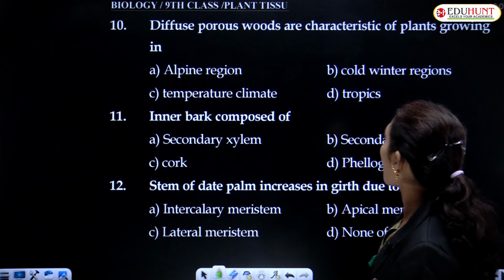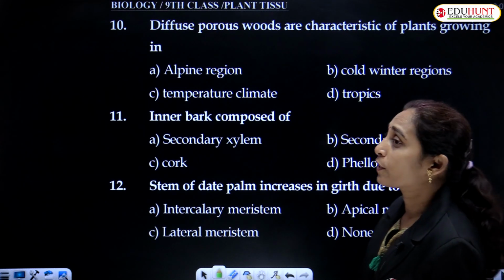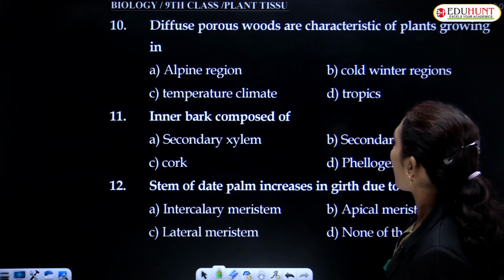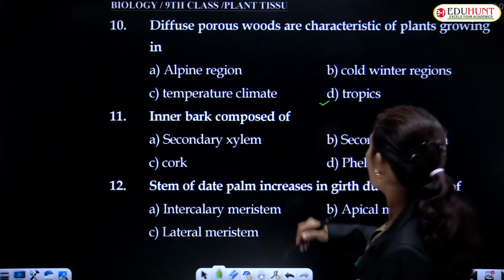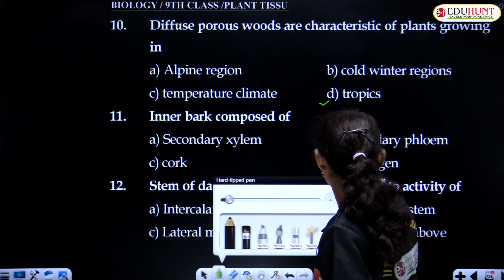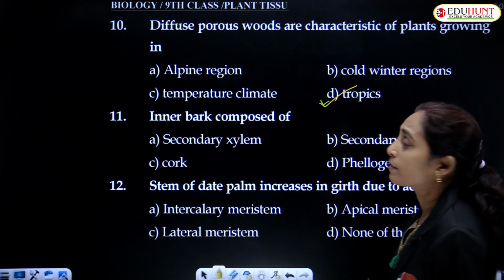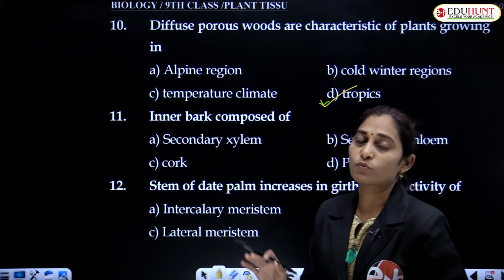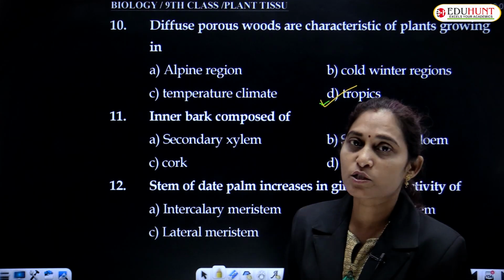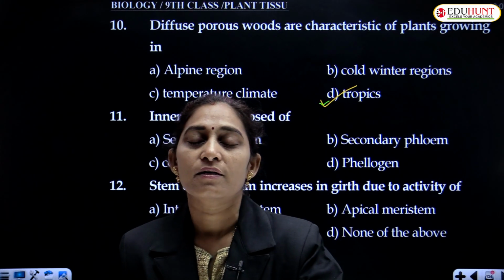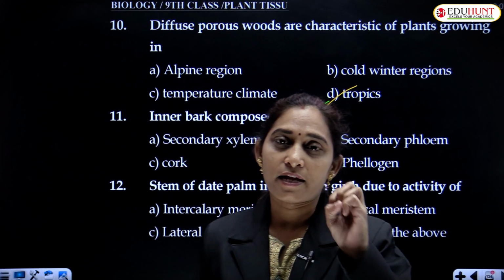Diffuse porous woods are characteristic of plants growing in the tropics. The plants that grow in tropical regions possess diffuse porous woods. Porous wood means the presence of large vessels and tylosis.